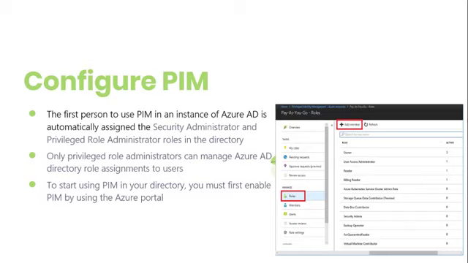The first person to use PIM in your instance of Azure AD is automatically assigned the Security Administrator and Privileged Role Administrator roles in the directory. This person must be an eligible Azure AD user. Only a Privileged Role Administrator can manage the Azure AD directory role assignments of users.